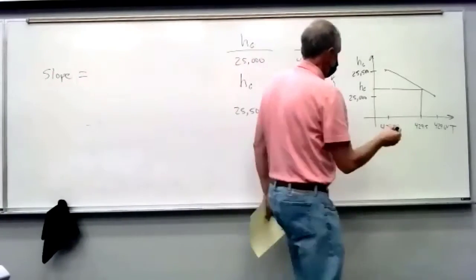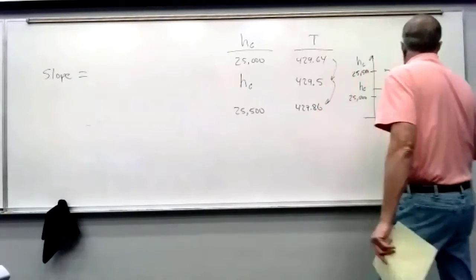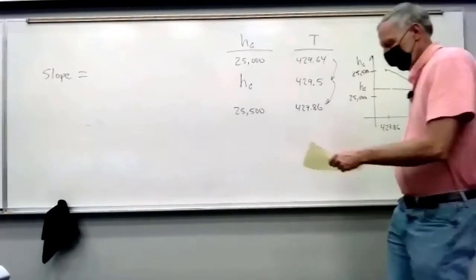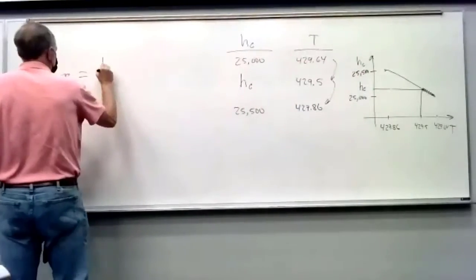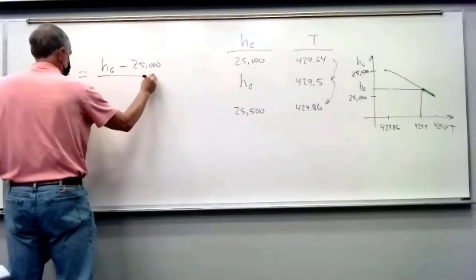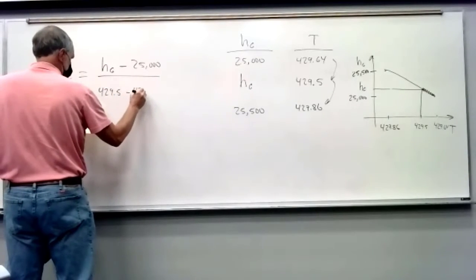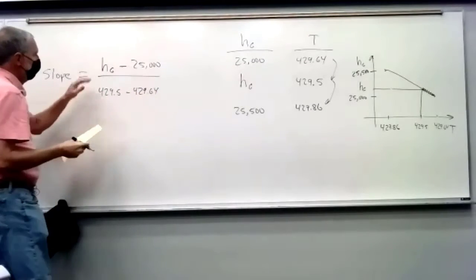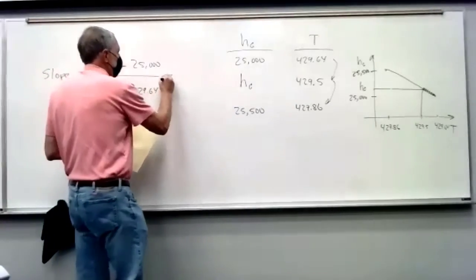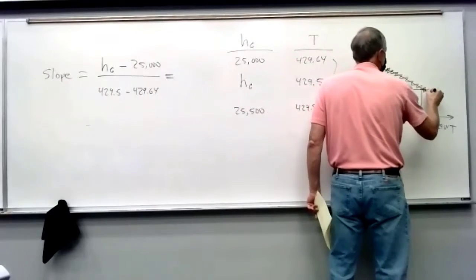So the slope of this middle line here is calculated by delta y over delta x. So there's delta altitude over delta temperature. And then I set that equal to the slope of the line between the 2 points that we know.